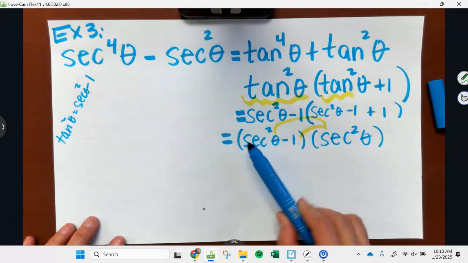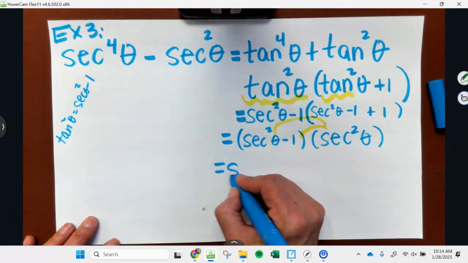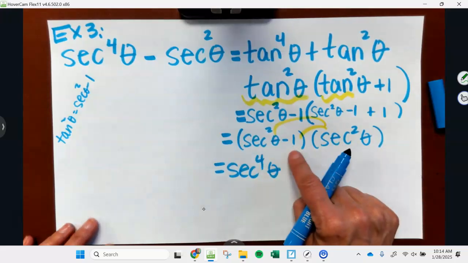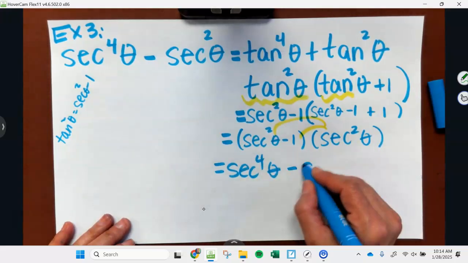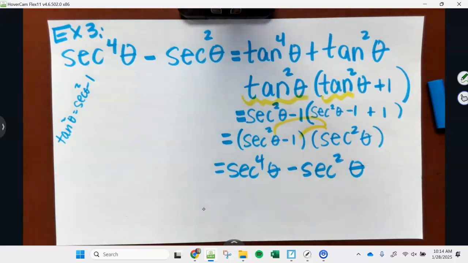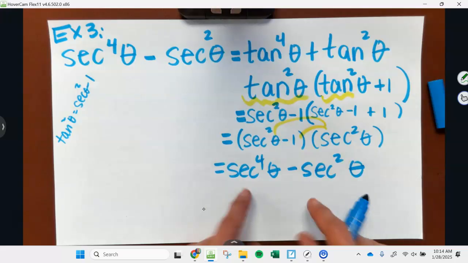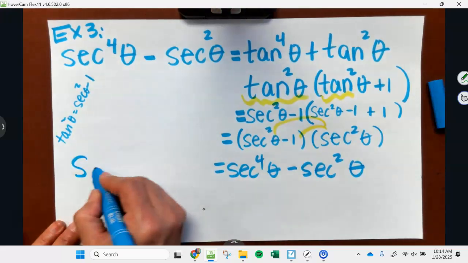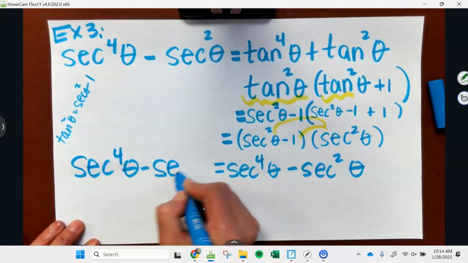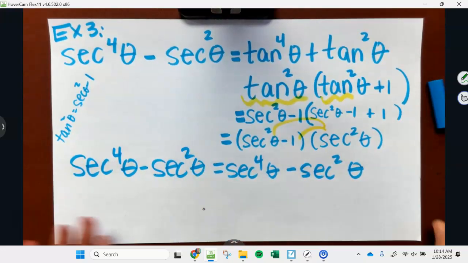So secant squared times secant squared is secant to the 4th theta. And then secant squared times negative 1 is negative secant squared. And we did it. That matches exactly. We don't have to rearrange the order or anything. That's how you do it.